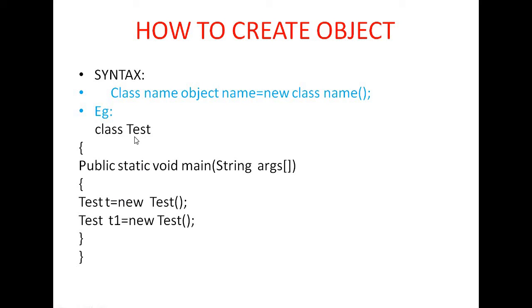So I am creating two objects of the Test class. First is t, second is t1. Test t = new Test(); Test t1 = new Test(); So with the help of the new operator, you can create the object in Java, and the syntax is class name object name is equal to new class name.